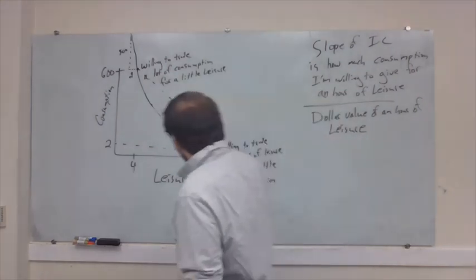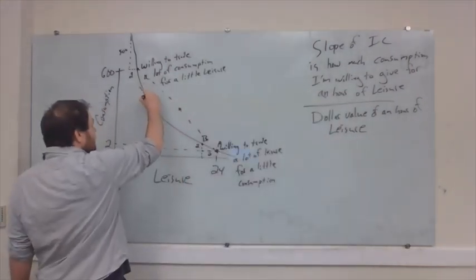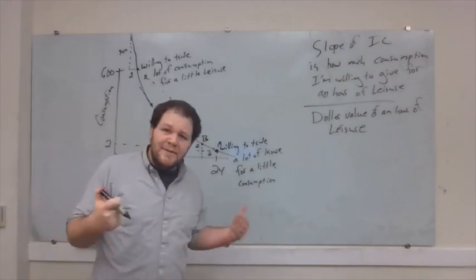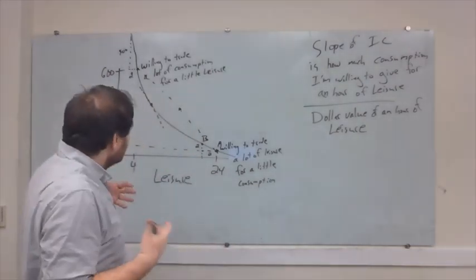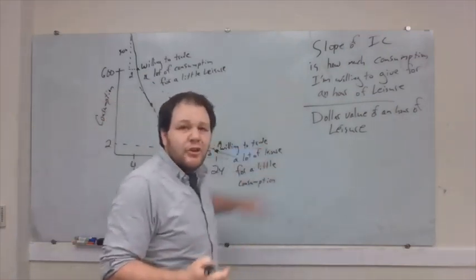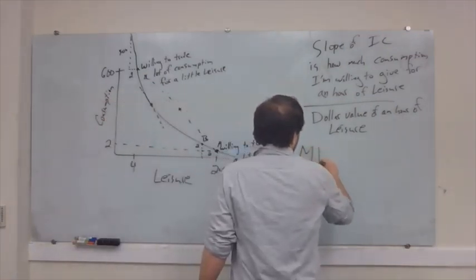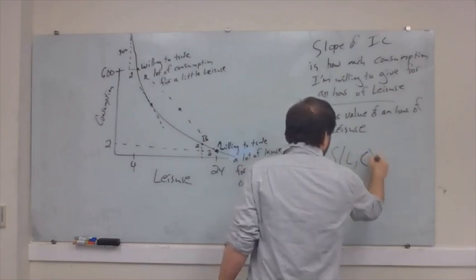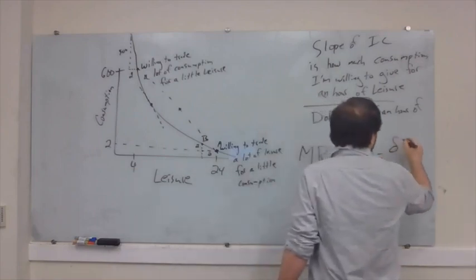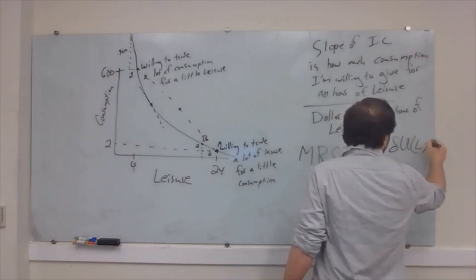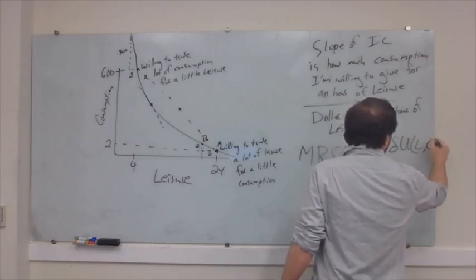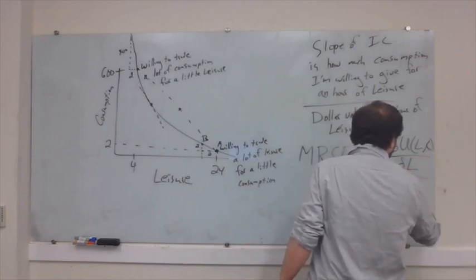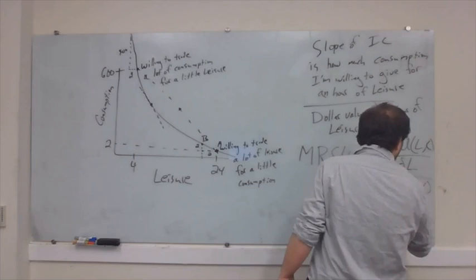And as you might remember, we have a term for this, for the slope of our indifference curve at a particular point, which is our marginal rate of substitution, the rate at which we're willing to substitute consumption for leisure. Marginal rate of substitution, or MRS, calculated at some particular point, is going to be the value in terms of utility of an hour of leisure over the value to me in terms of utility of a unit of consumption.